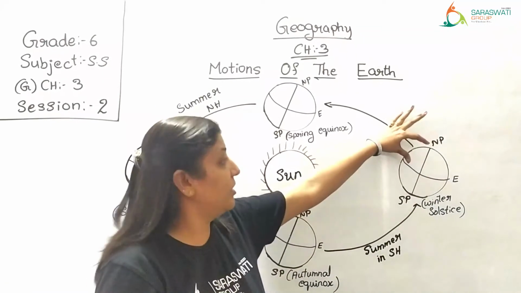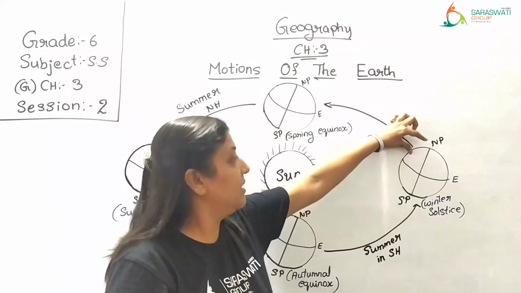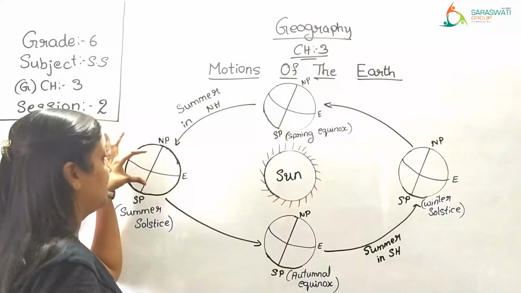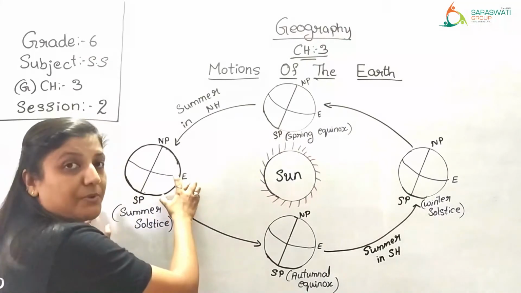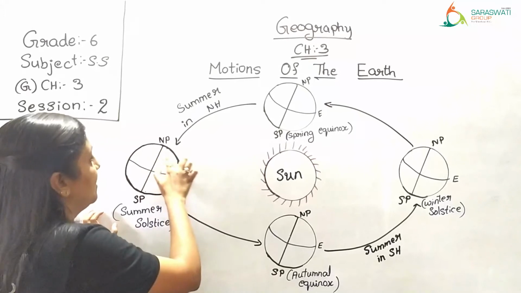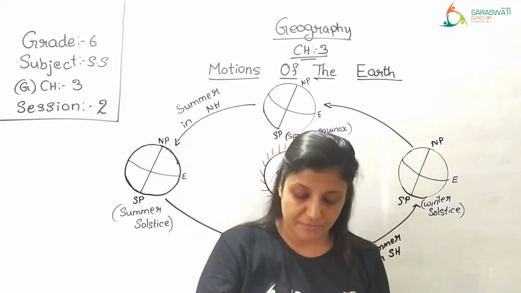And here in the northern hemisphere, whether it is Tropic of Cancer and Arctic Circle, they will receive the heat but less heat. But when you say this side, here, the southern hemisphere will get less heat and the northern hemisphere, the Tropic of Cancer, Arctic Circle, they will get more heat. This is because of revolution.